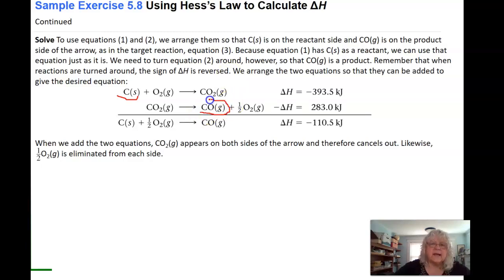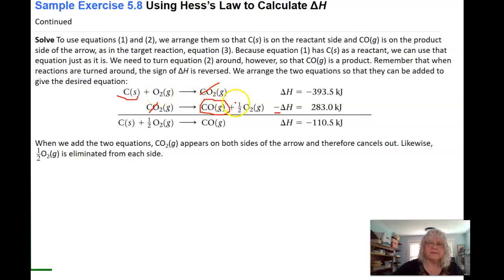What I did with this second reaction is I changed its order. Because I changed its order, I changed the sign on the delta H. So I reversed this equation. And now when I add these together, the CO2s cancel out, and I'm just left essentially with what I want. So half of an oxygen on one side and an oxygen on the left.